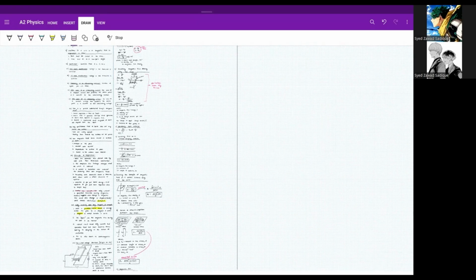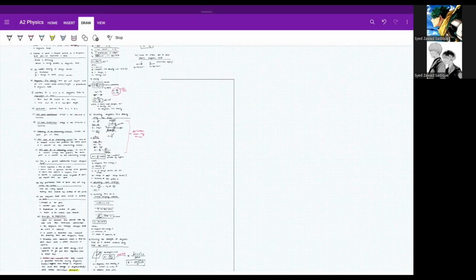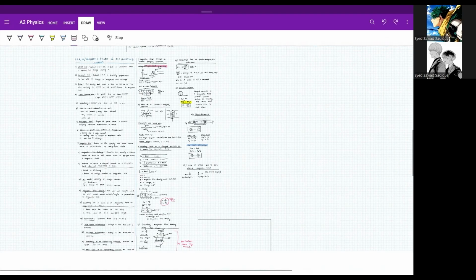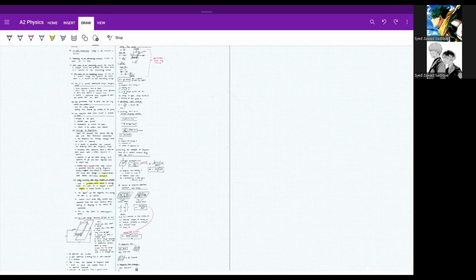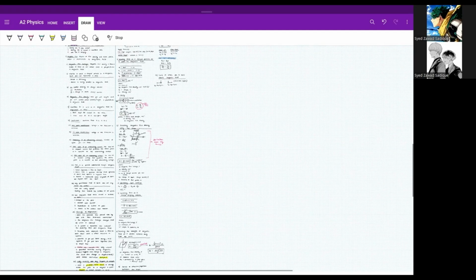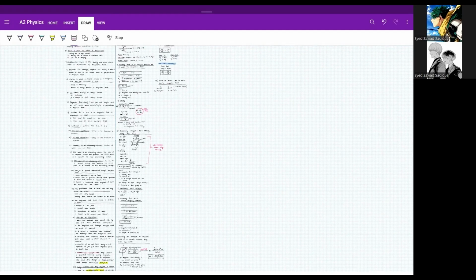How do you rotate it? Okay. Hmm. All right. I think what I'm going to do is, no, I'll continue as it is. No, I'll give a heading for alternating current.